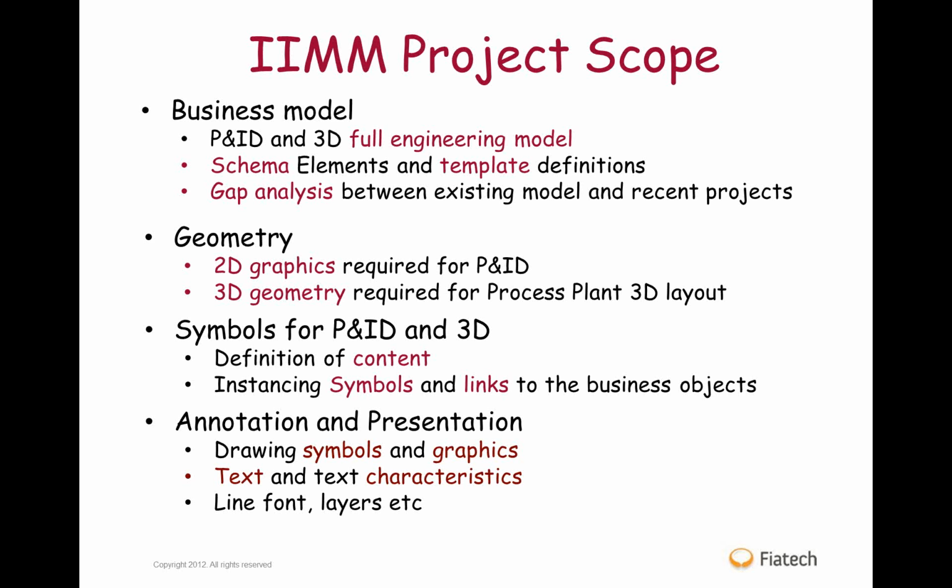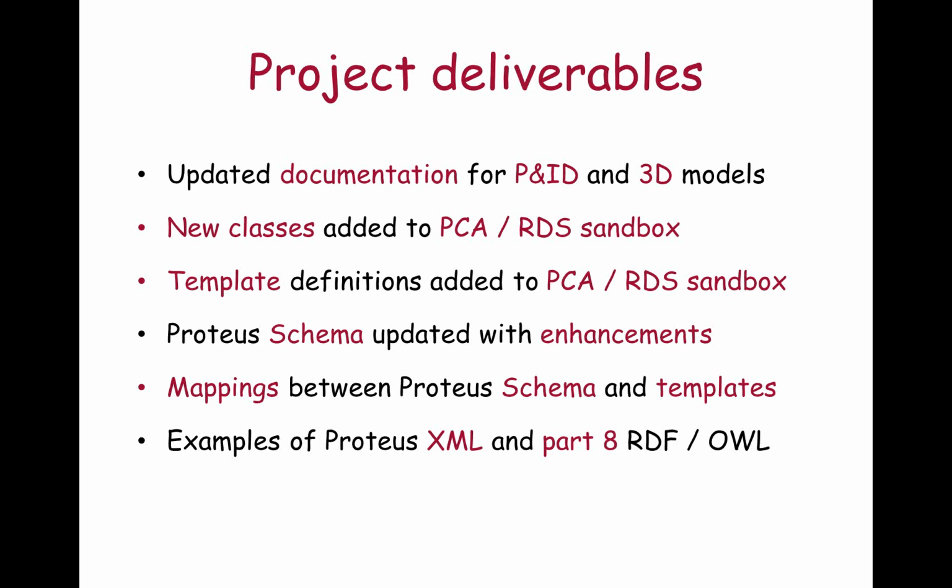The PNID and 3D model are very much the same. All the topology is the same, the structure is the same. It's just that there are subtle differences between PNIDs and 3D: annotation is not really relevant to 3D, and you're not necessarily too interested in gaskets and elbows in a PNID.